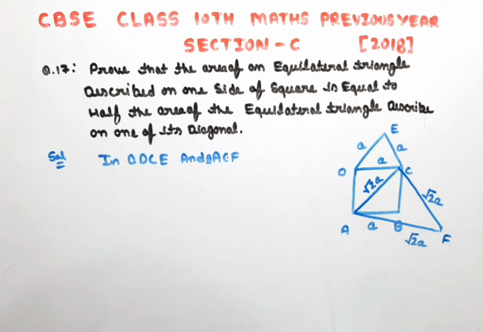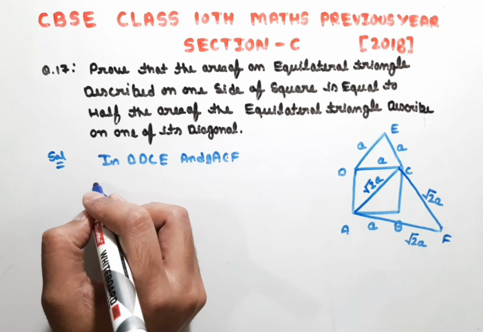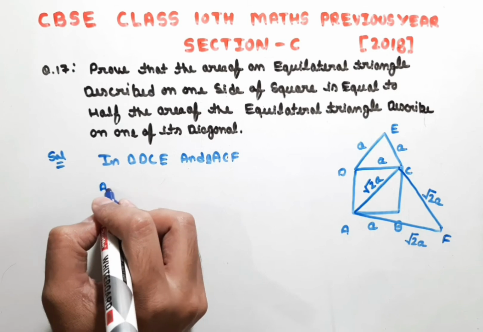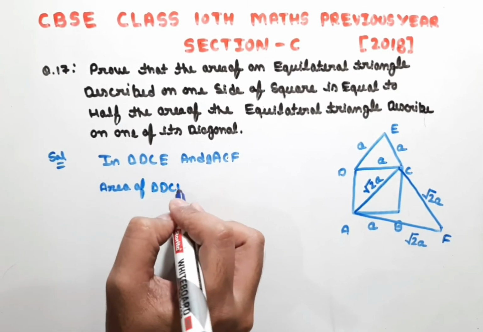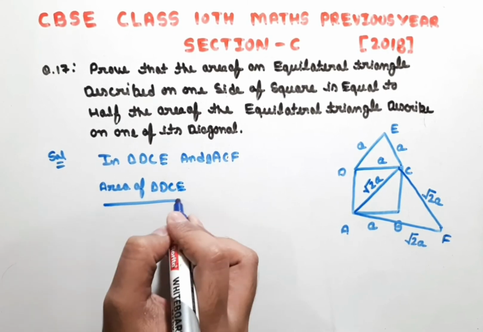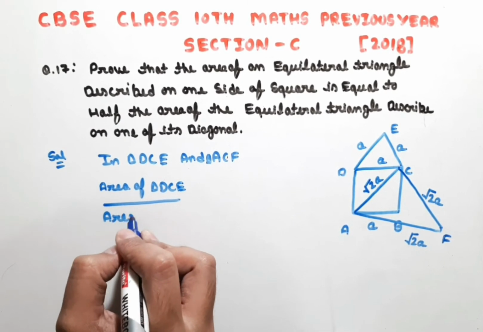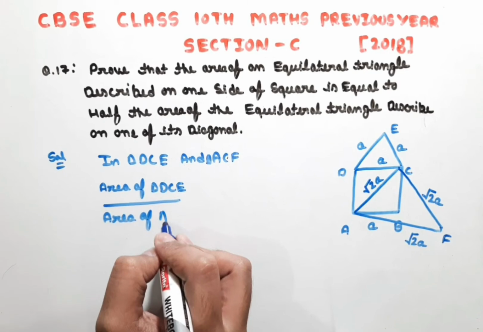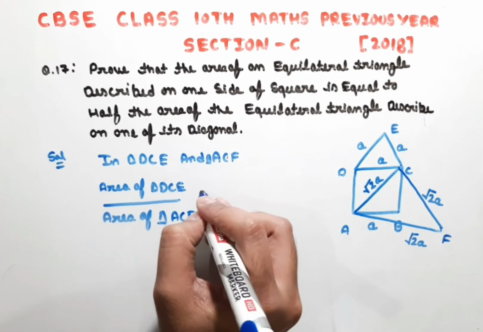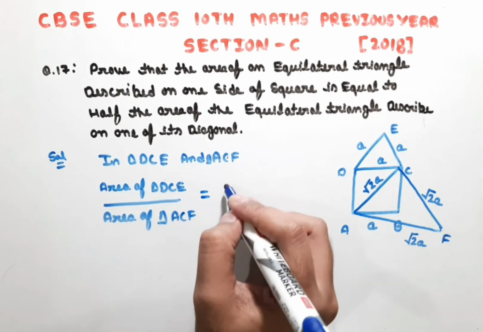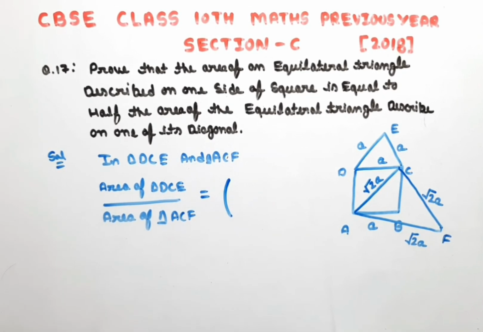So the ratio of the area of triangle DCE upon area of triangle ACF will be equals to the square of the ratio of sides.